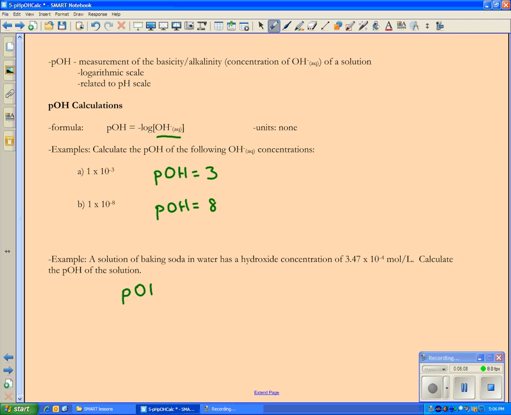So pOH is equal to negative log of the concentration of hydroxide, which is 3.47 times 10 to the minus 4 moles per liter. Putting that into your calculator, you come out with 3.460. Now remember, this is a pOH, and we have a basic solution. So this does actually make sense, even though you're not as familiar with the pOH scale.